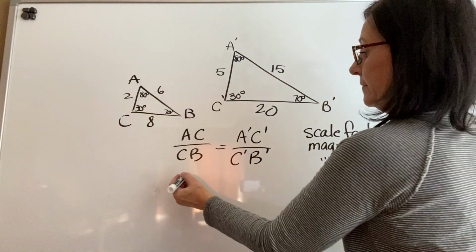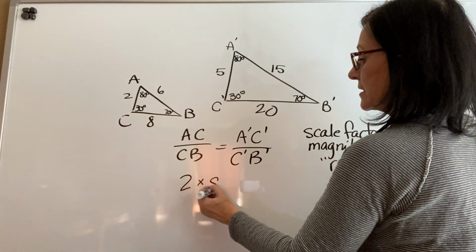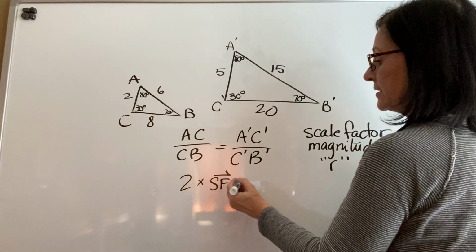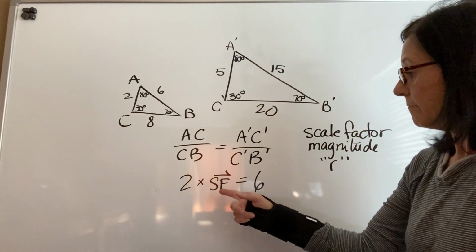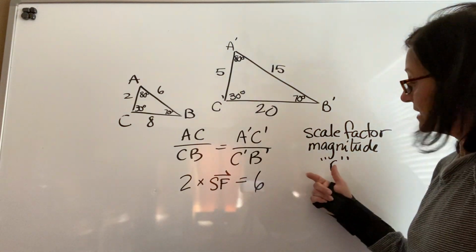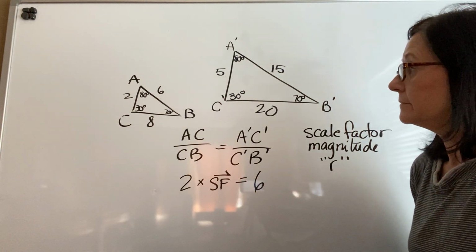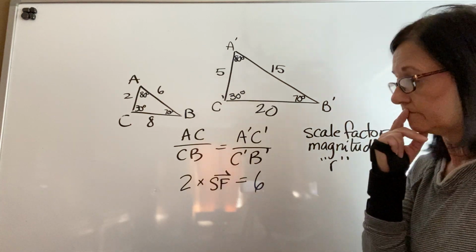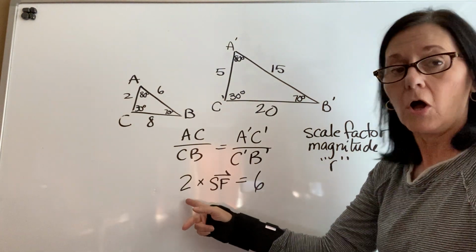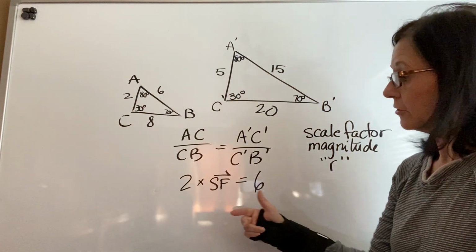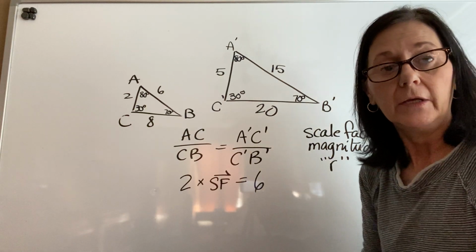So like 2 times some scale factor equals the 6. My ratio or my scale factor would be a 3. It would be a 3. So to get from the smaller triangle to the larger one, I multiply by 3.